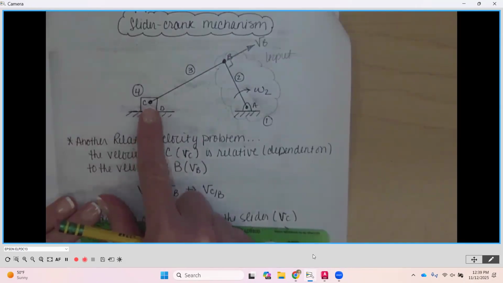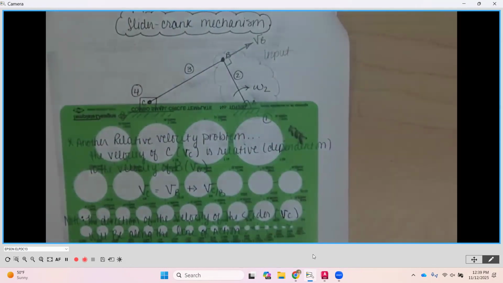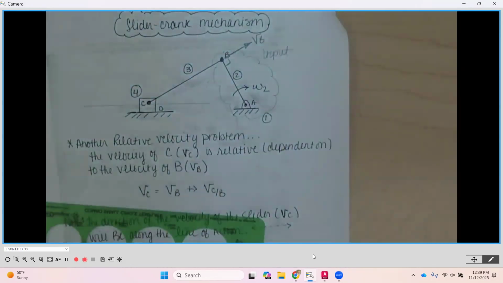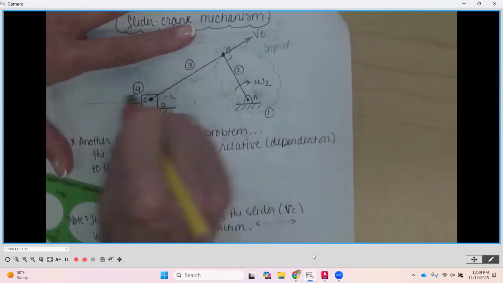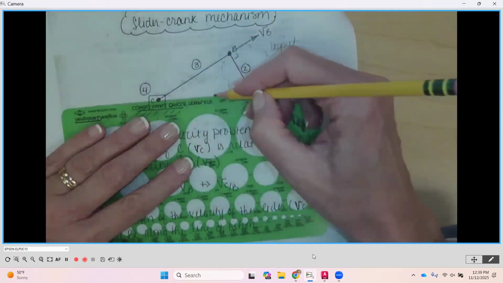The velocity of point C is on a slider. So this slider's motion is not going to be about a fixed center, but instead along a horizontal line going through point C. Let's put it through point C. It's going to be along this line.